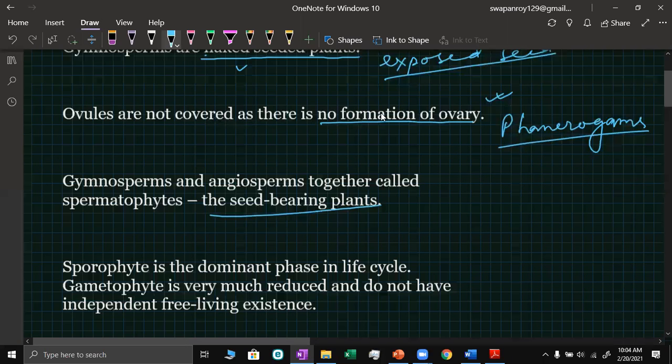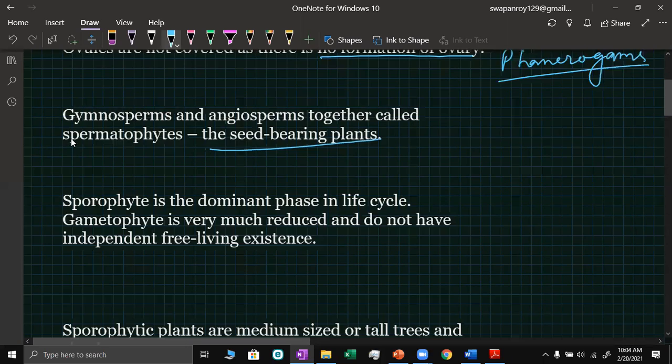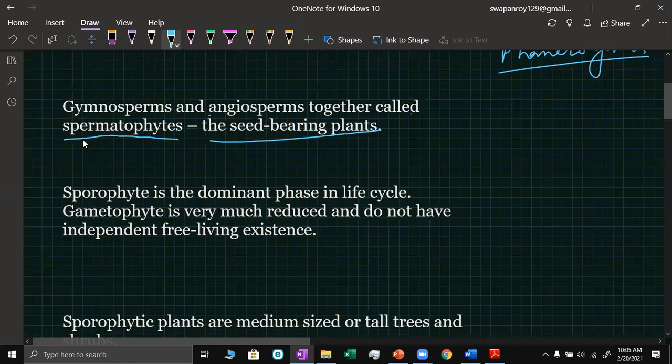Gymnosperm and angiosperm together are called the spermatophyta or spermatophyte. Sperma is equivalent to seed. So spermatophytes means seed-bearing plants.